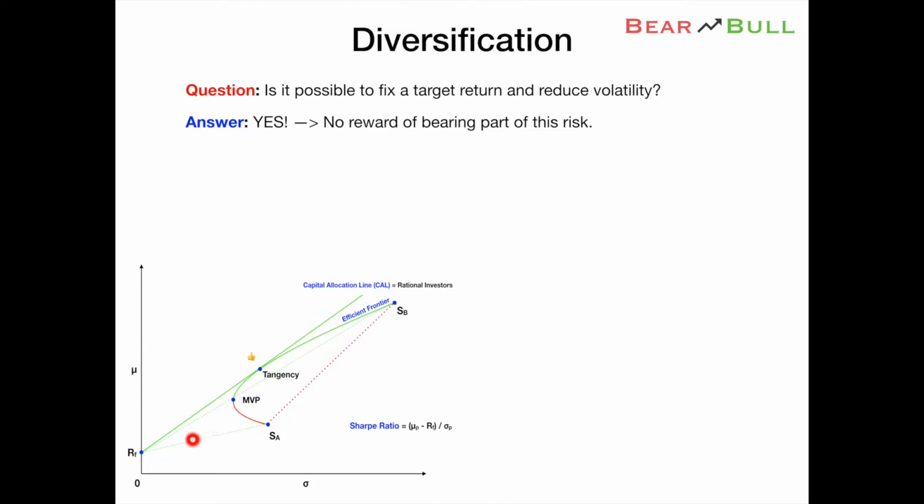This means that we could choose a portfolio at this point of the line, which has a similar return to our stock A, but much lower volatility.